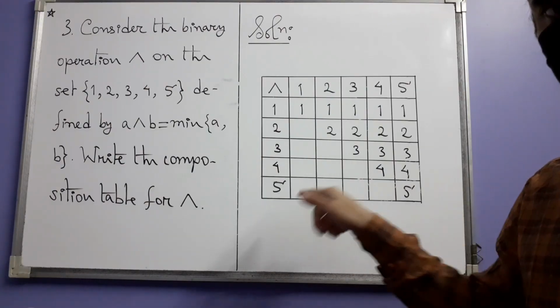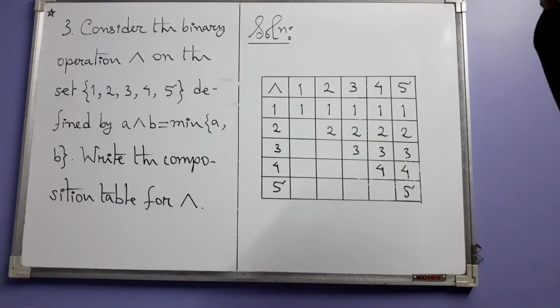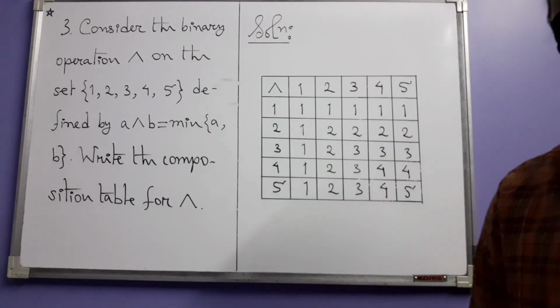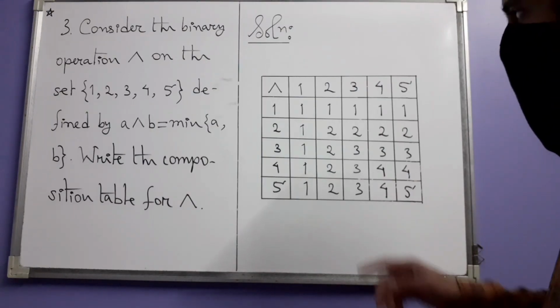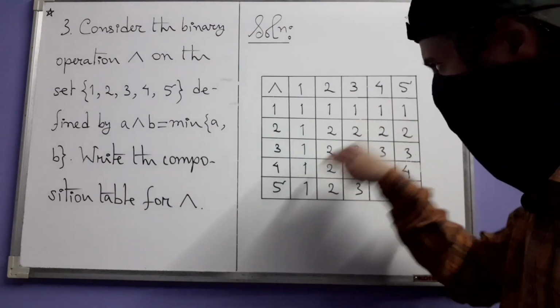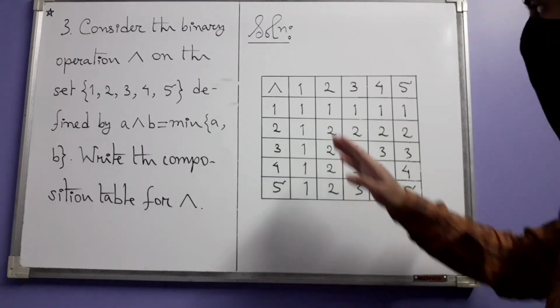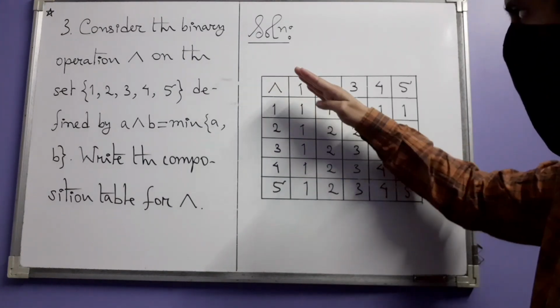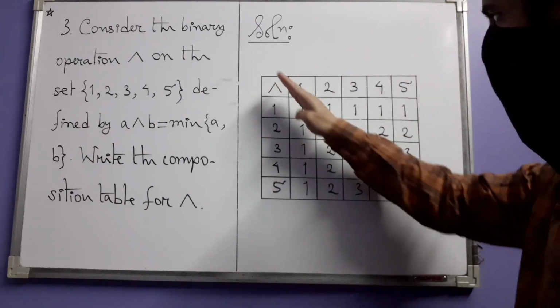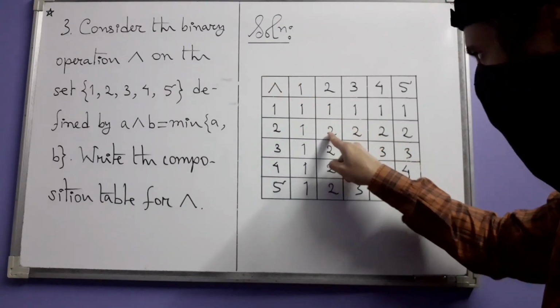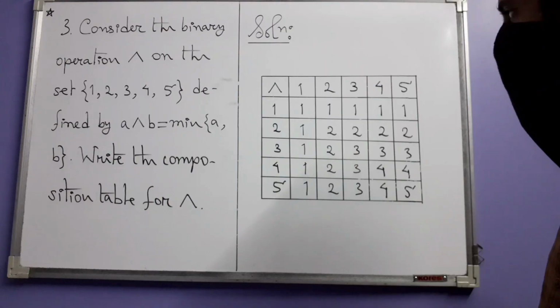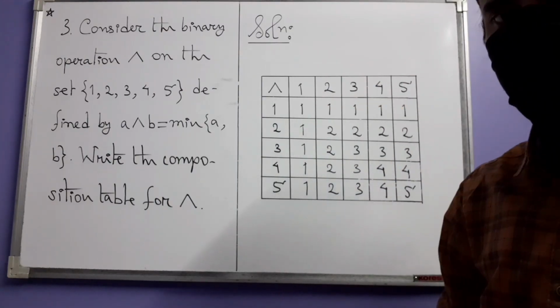Now let me just fill in the other cells. So that's how you get your table. And to speed things up even more, you do not have to see cell by cell. What you do is, you first of all, of course, along with the upper triangular part, you calculate the main diagonal cells, 1, 2, 3, 4, 5. And then you have the upper triangular part.